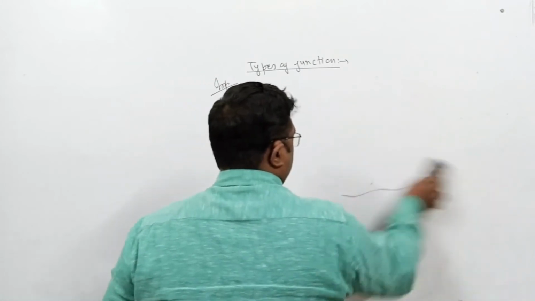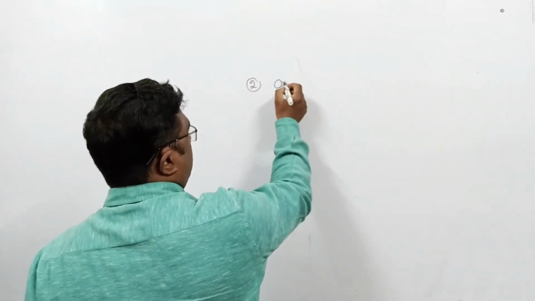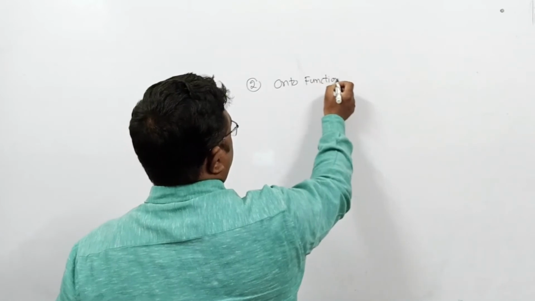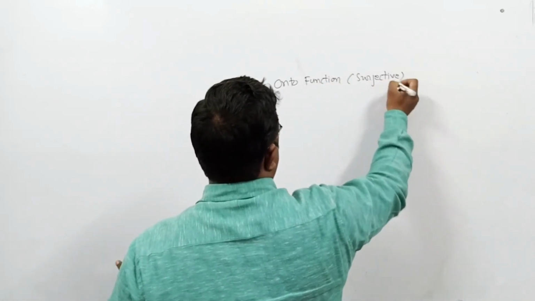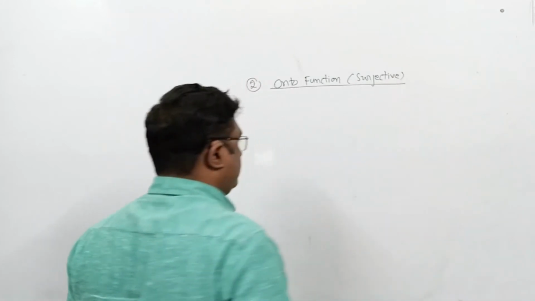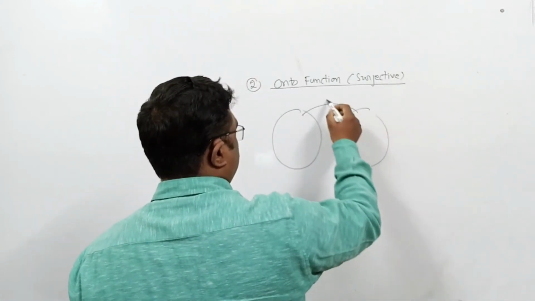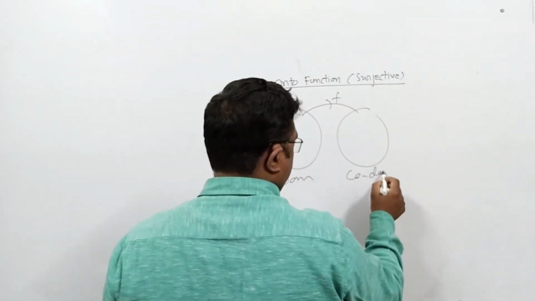Number 2, onto function. Its other name is surjective function. Its domain, its codomain.